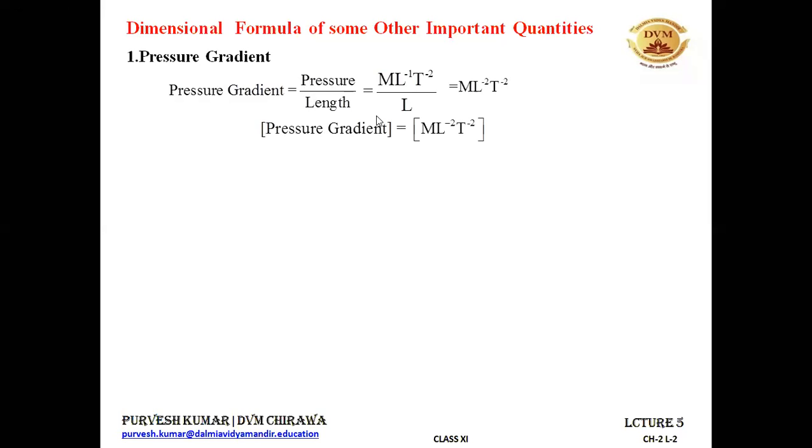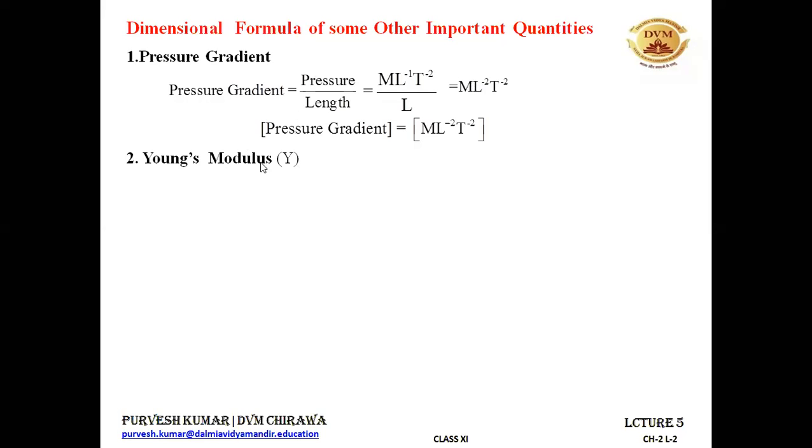So finally you can write the dimensional formula for pressure gradient is M L minus 2 T minus 2. All right. So it is quite simple. Now you people will easily be doing it because you are in the momentum to do that. You have learned it out. So many times I have derived the dimensional formula. So I'll be a bit quick in this one.